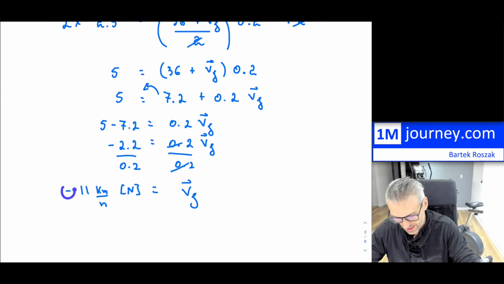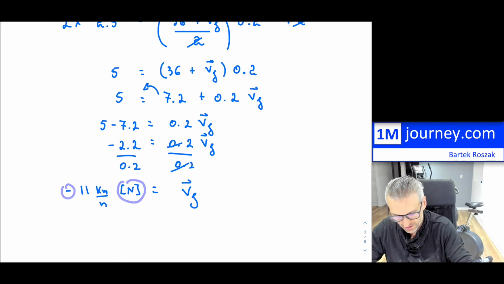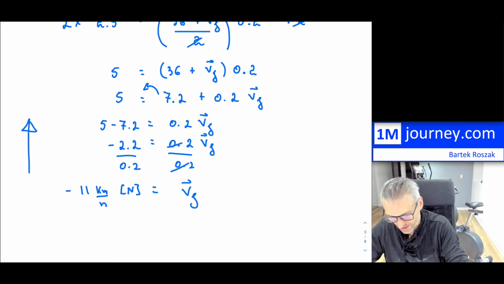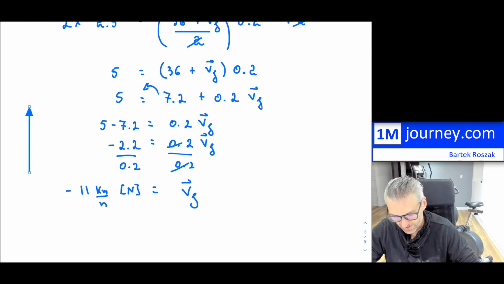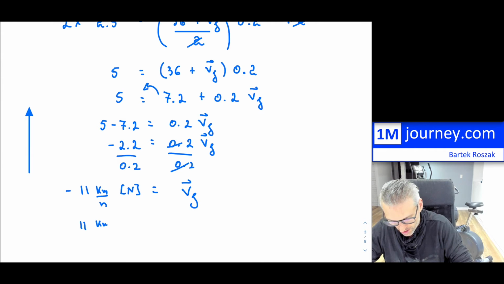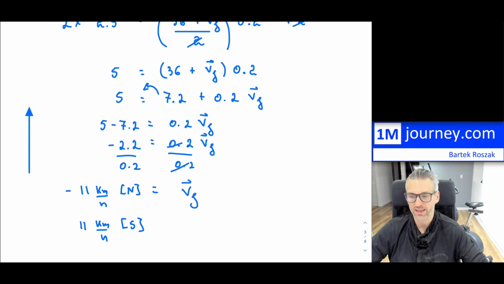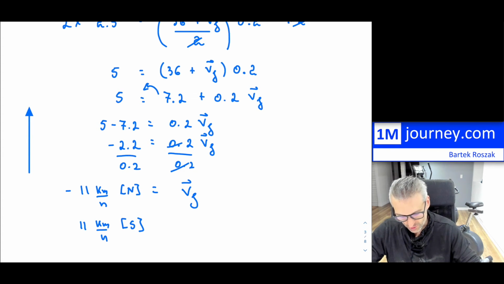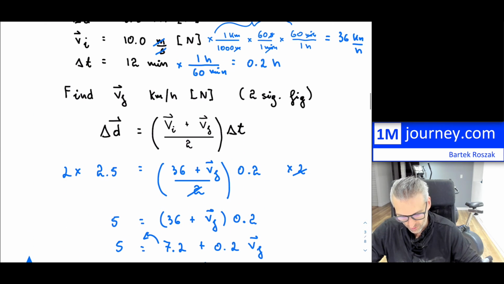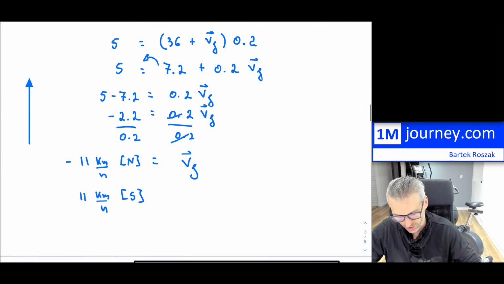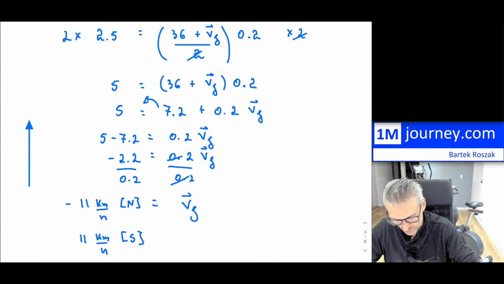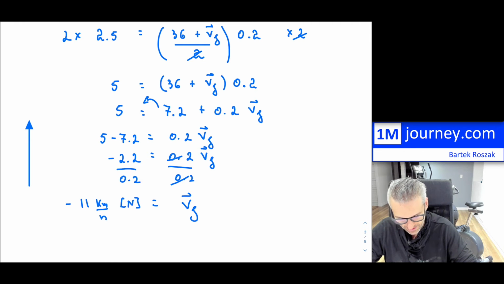If north is going in this direction, then this negative is really saying that it is 11 kilometers per hour south. The negative changes the direction of your vector. Either is fine, but they want the answer on the north side, so that's why we kept all of those. So I'm going to remove this one and just keep that answer as it is.